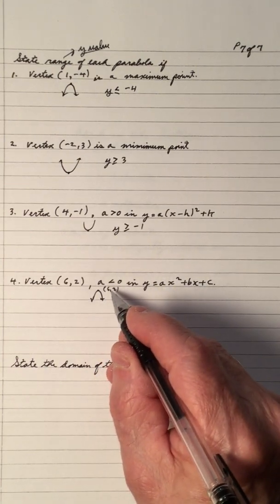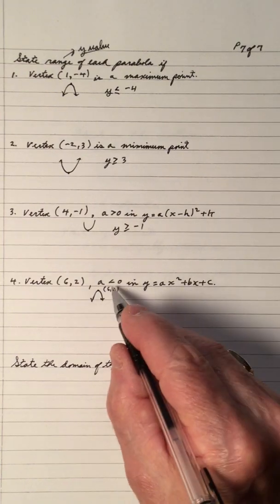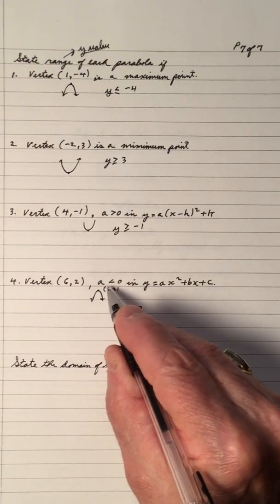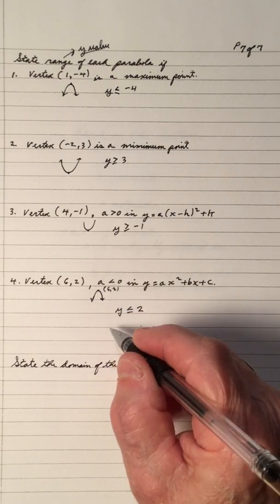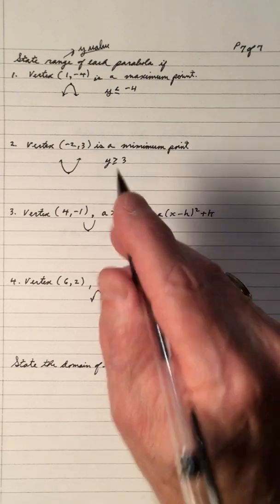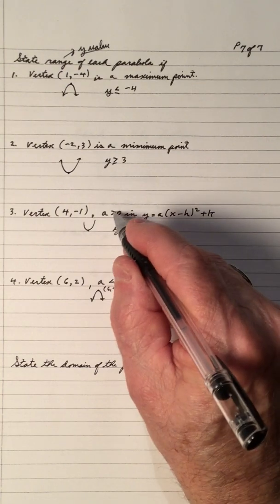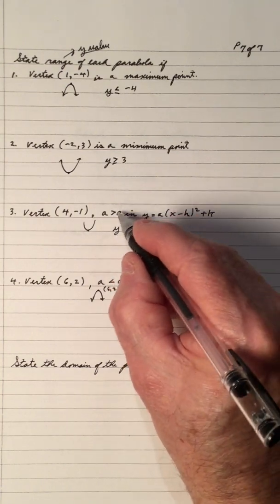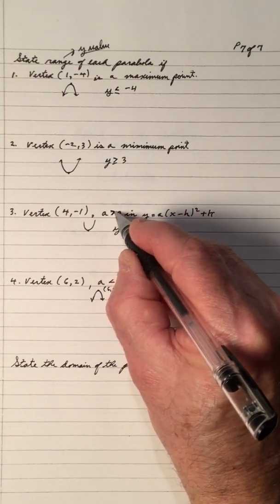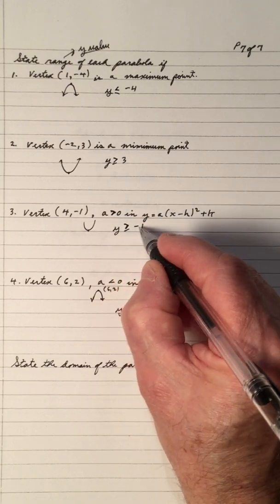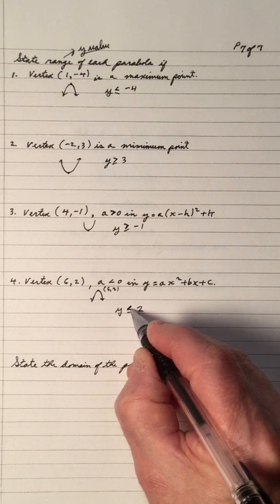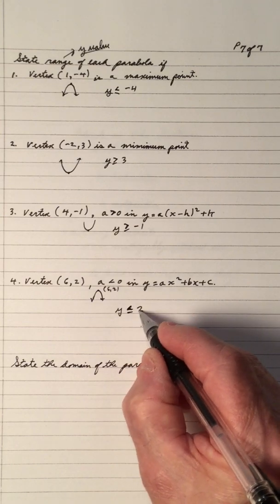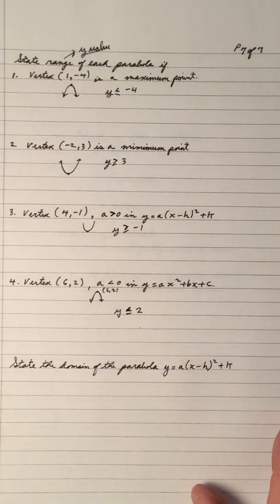So the y values start at 2 and go down because a is less than 0. I look at less than as being below, down. Greater than is like looking up. If a is less than 0, then the range is less than or equal to the y value of the vertex.